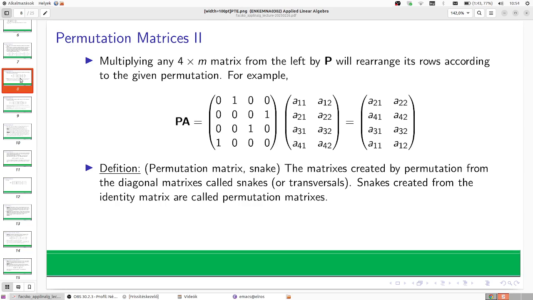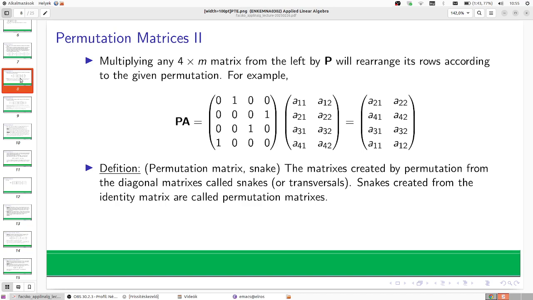Yesterday I mentioned the functionals. Those are very strange functions because their argument is a function. Doesn't matter. So the definition for the permutation matrix and snakes: the matrices created by permutation from diagonal matrices are called snakes or transversals.